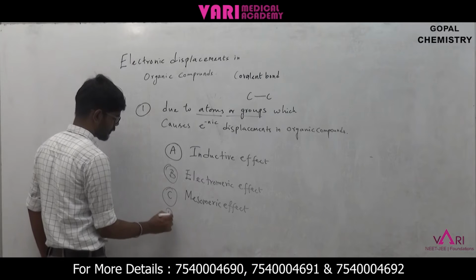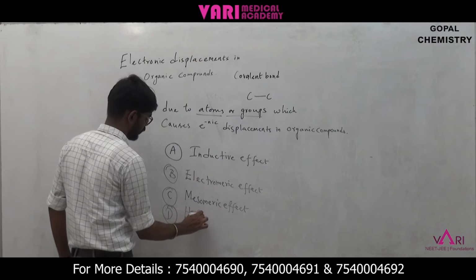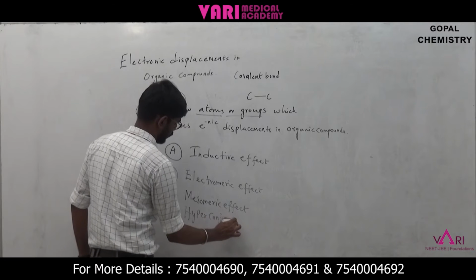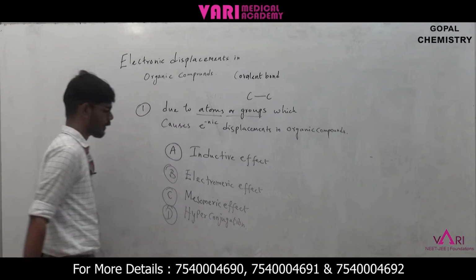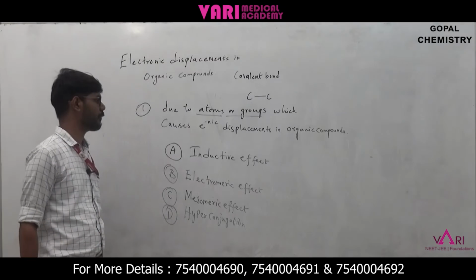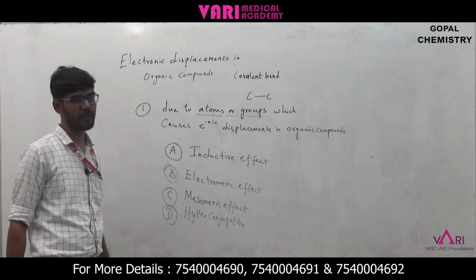And D is hyperconjugation. Okay. So these are the four effects which emphasize the electronic displacements in organic compounds.